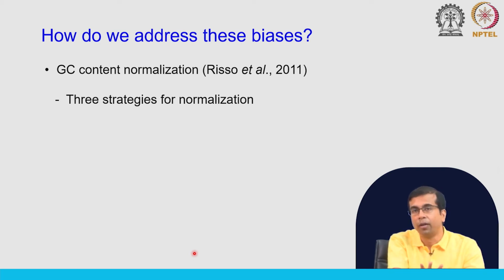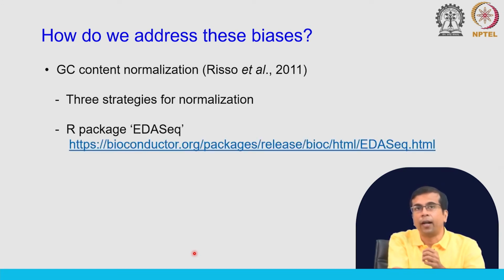We are not going to discuss all these strategies and the different types of methods. There is an R package that they have developed, called EDASeq, and here is the link, you can download and install it if you have some knowledge of R. Otherwise, do not worry, we will discuss how we can install these R packages and how we use them to correct for these biases in our own data sets. We will do that in the hands on part.